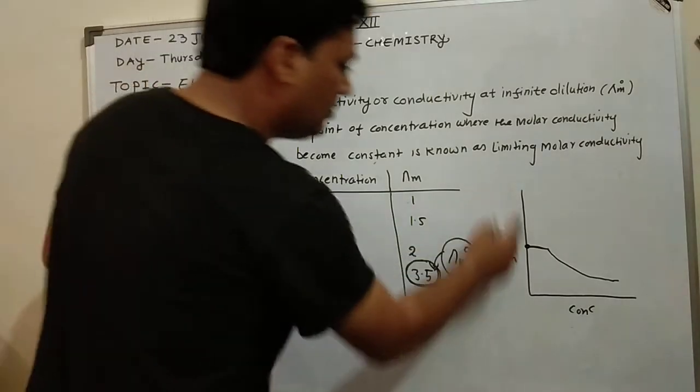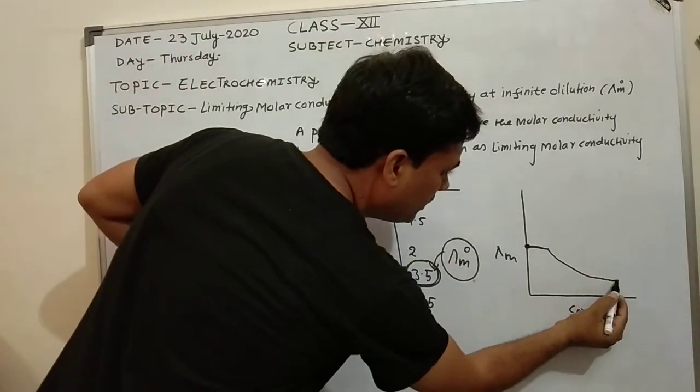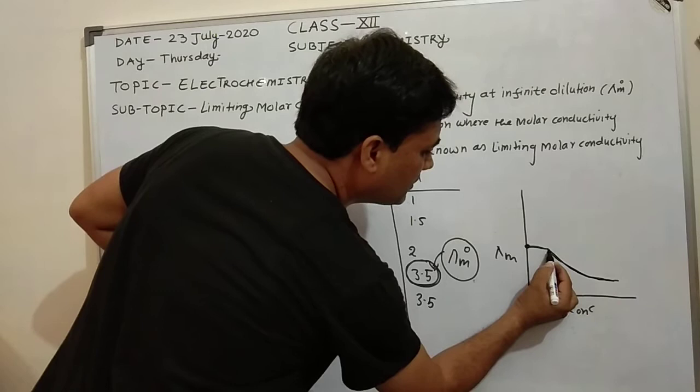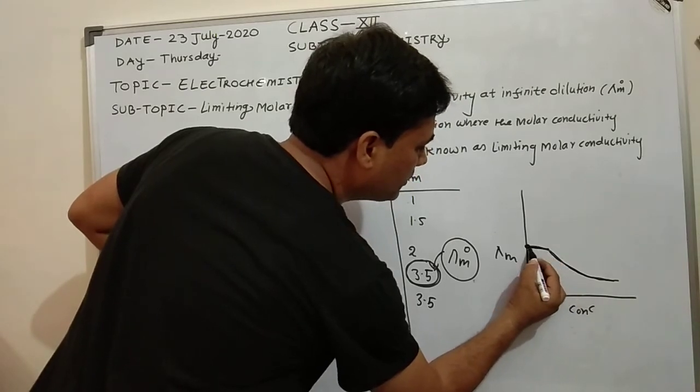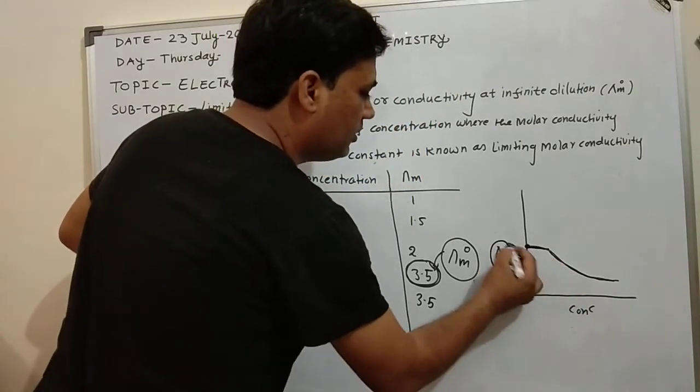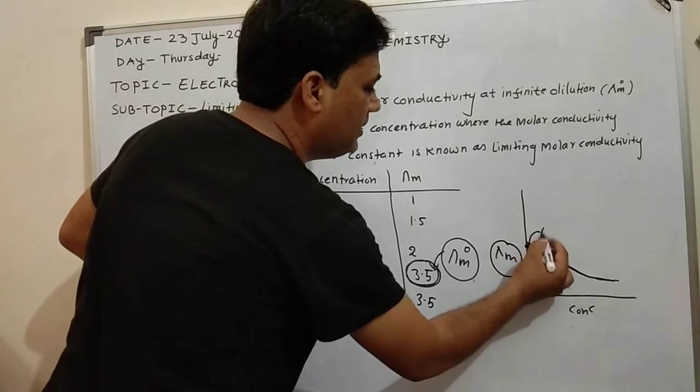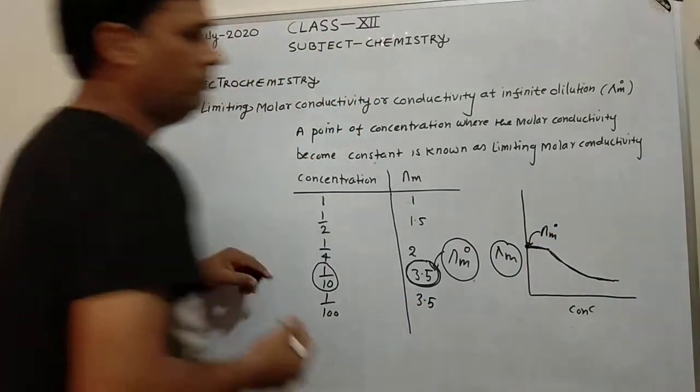We can easily understand with the help of a graph. When the concentration of electrolytic solution decreases, its molar conductivity becomes constant. So this is known as limiting molar conductivity.